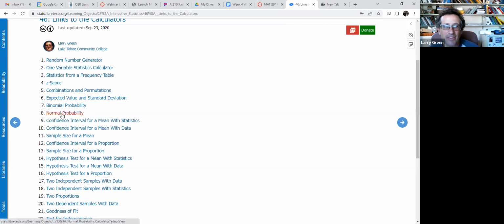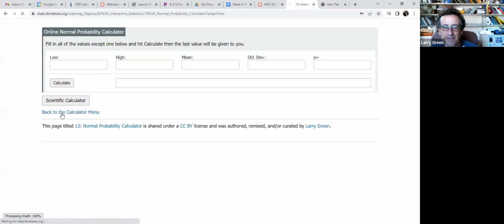Yeah, calculator number 8, the normal probability. Last week we did the binomial probability, now we're on the normal probability. It wants the low, the high, the mean, the standard deviation, and the probability. P is probability. It says fill in all of the values except one, and then hit calculate, and it'll give you the one that's not filled in.